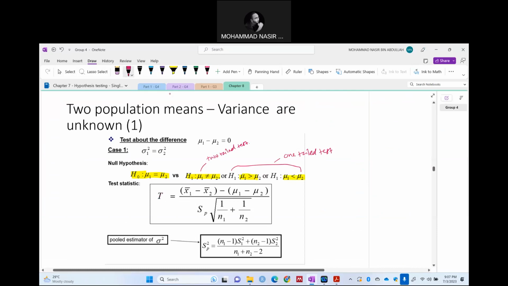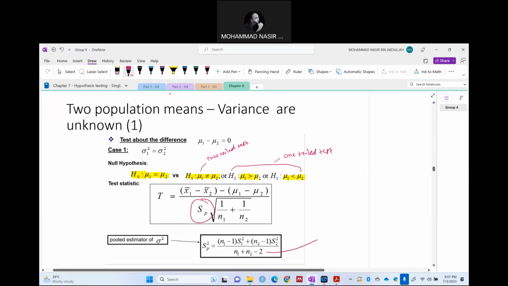So we're going to use the t distribution, where x bar 1 minus x bar 2 minus mu 1 minus mu 2, divided by the pooled standard deviation multiplied by the square root of 1 over n1 plus 1 over n2. And the pooled standard deviation is the square root of n1 minus 1 multiplied by sample variance 1, plus n2 minus 1 multiplied by sample variance 2, divided by n1 plus n2 minus 2.